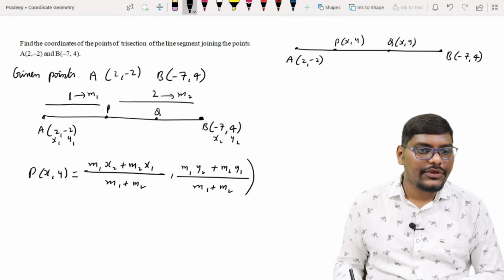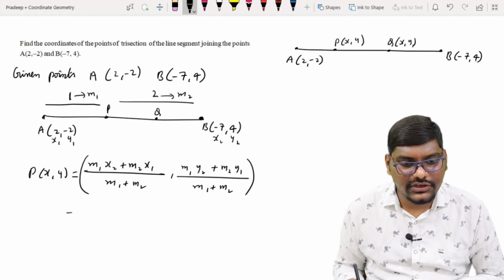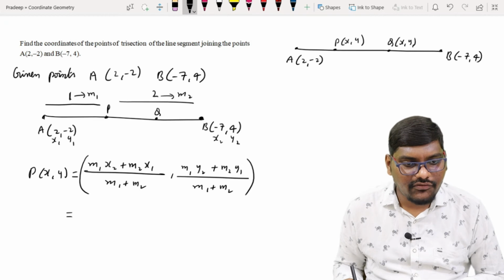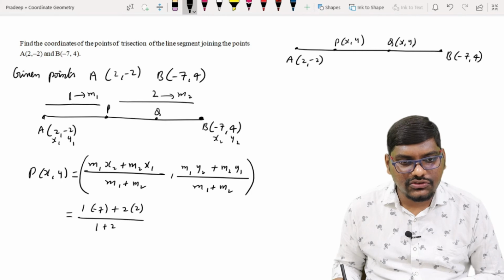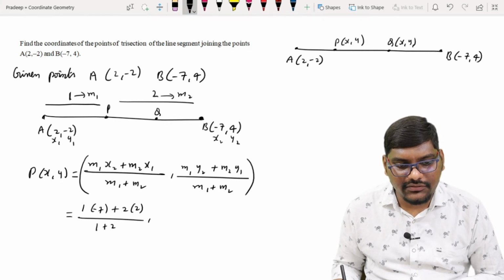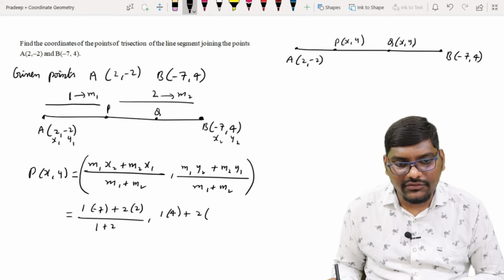So let's substitute all the values: m1 is 1, x2 is minus 7, plus m2 is 2, x1 is 2, by 1 plus 2. Next, m1 is 1, y2 is 4, m2 is 2, y1 is minus 2.